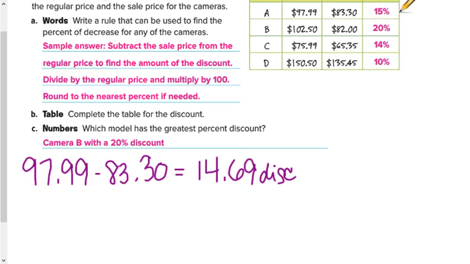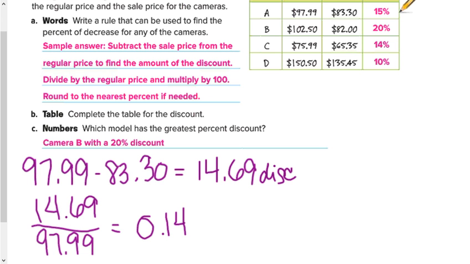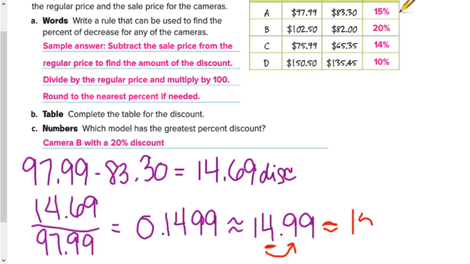Okay, so your 14.69 divided by your actual price, which was 97.99, that equaled 0.1499-ish. And then they said we have to multiply it times 100. So that equaled 14.99. And it said round to the nearest whole percent. So we're going to stop at the whole number. The 9 makes the 4 go up. So that's why we say that's about 15%.